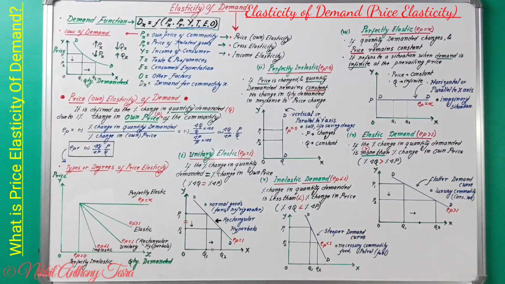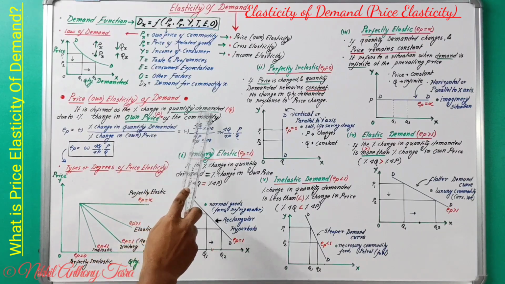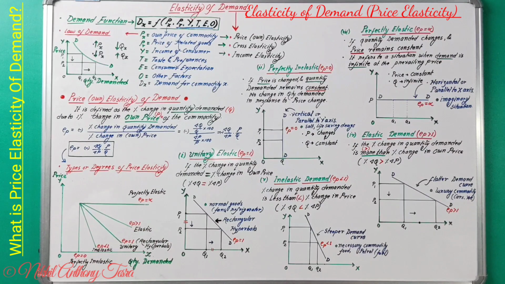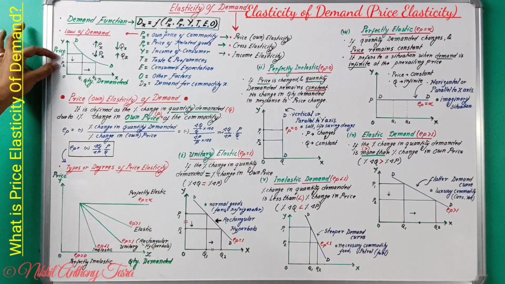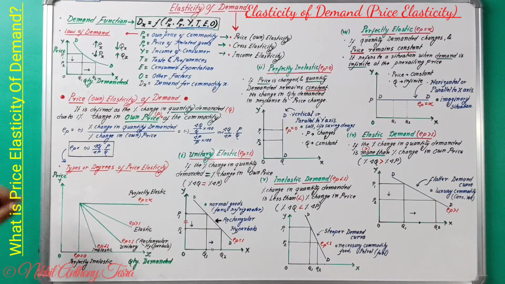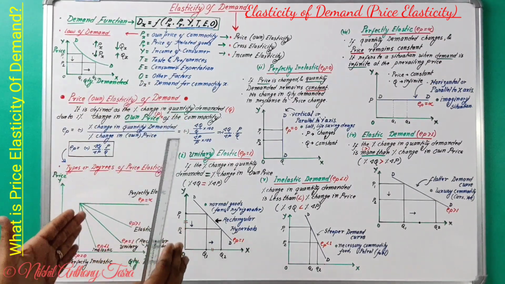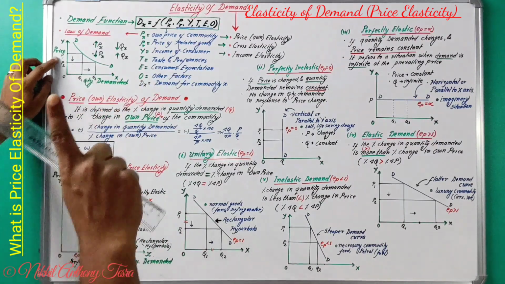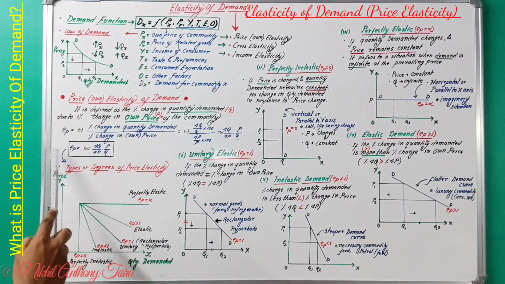Now the price elasticity of demand is defined as the percentage change in quantity demanded due to 1% change in own price of the commodity. It means, say the change in price is 1%, then what will be the percentage change in quantity demanded? Then what we can write as EP?